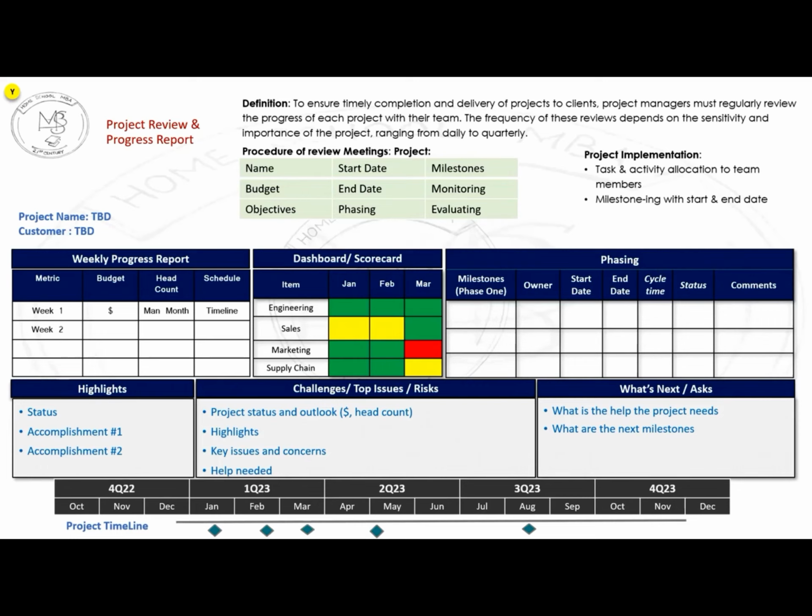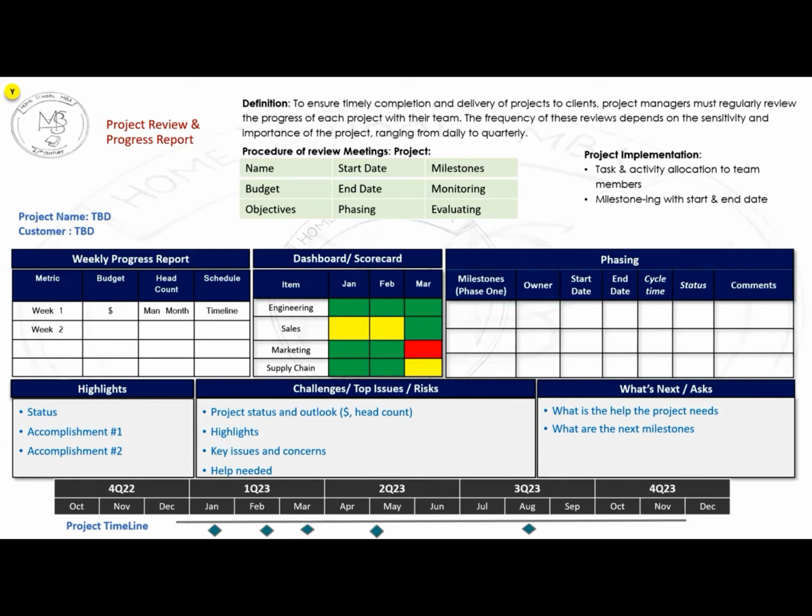But the answer to this has to be provided either by the project manager or by the senior management. If the problem is beyond the control of the project manager, then senior management has to step in and answer these questions.